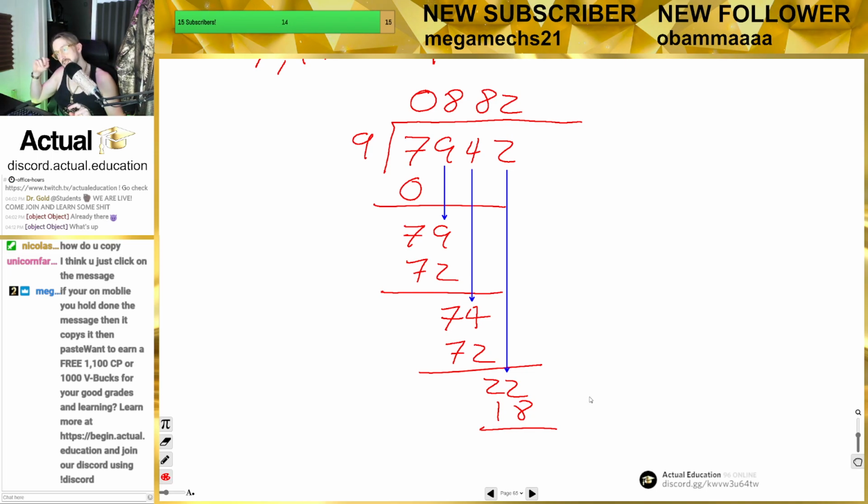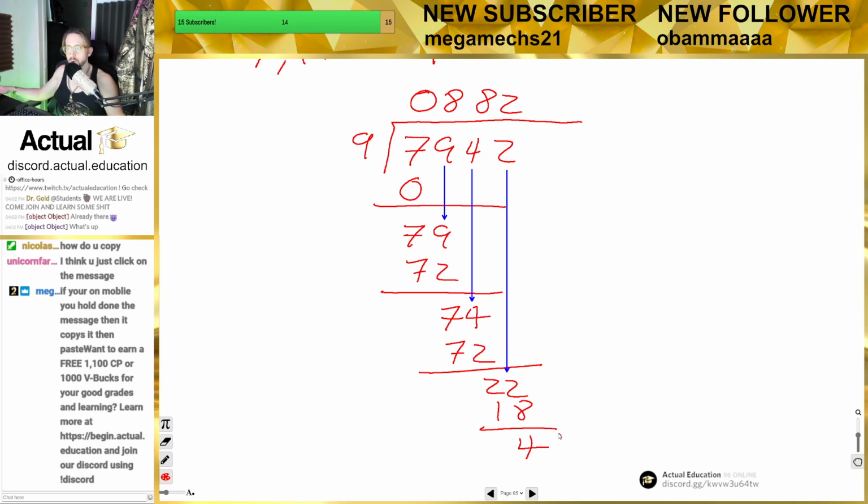Okay, which would be 4. Good. So my answer would just be 4, right? 18 plus what gets me 22 is the same thing as 22 minus 18. It's just 4.